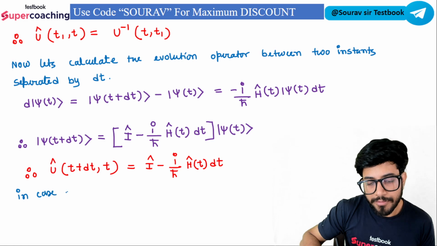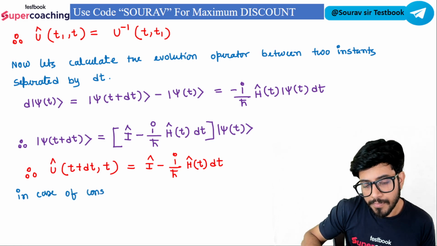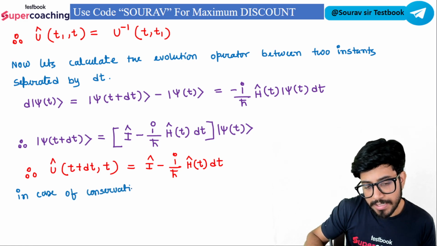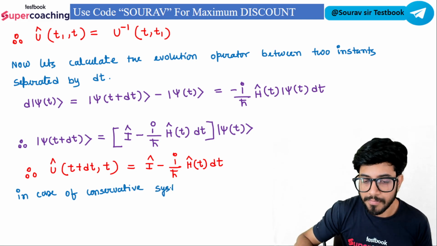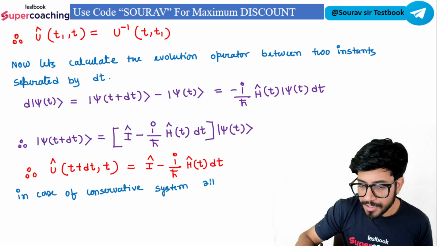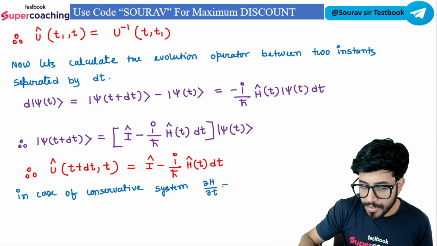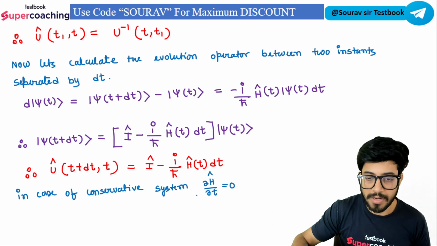In case of conservative system, partial differentiation of h with respect to t equal to 0, that means Hamiltonian does not depend explicitly on time.